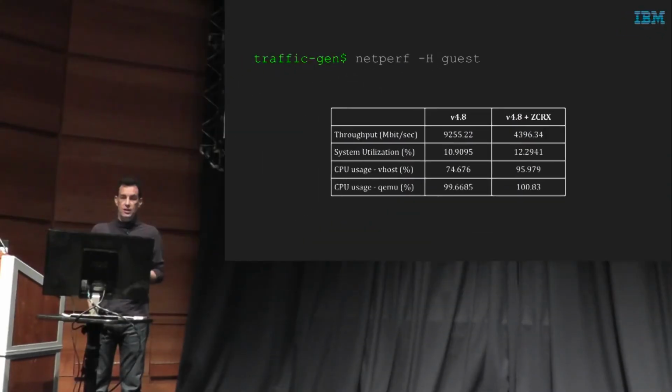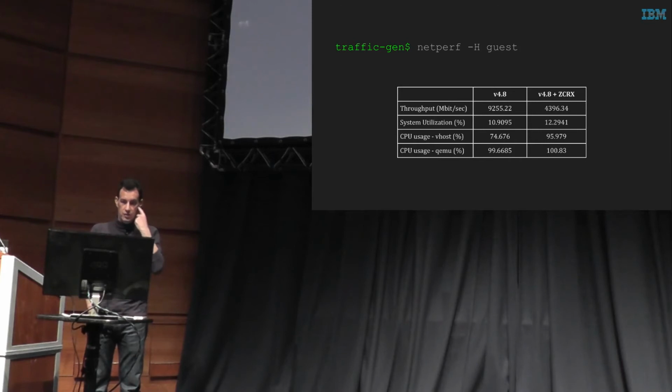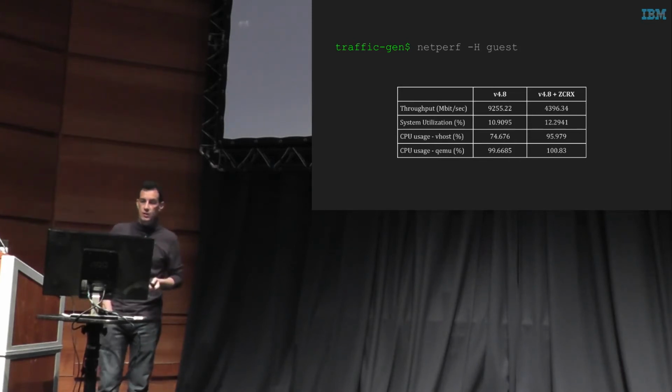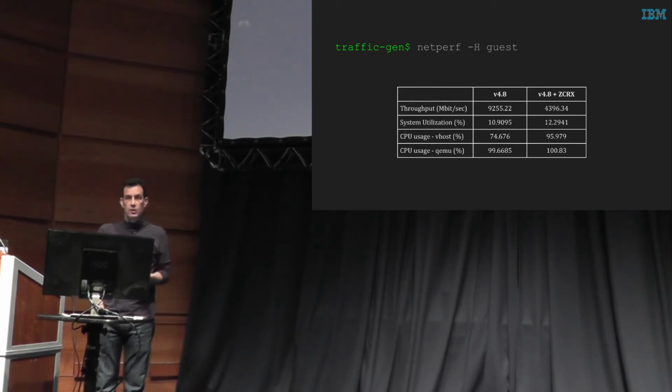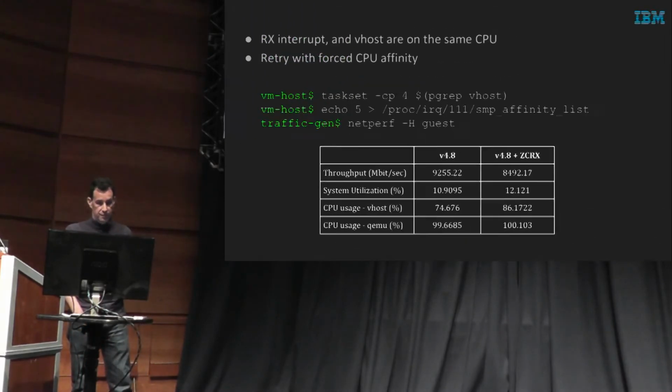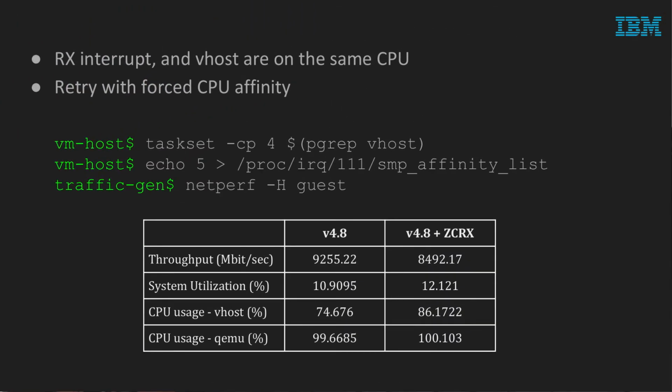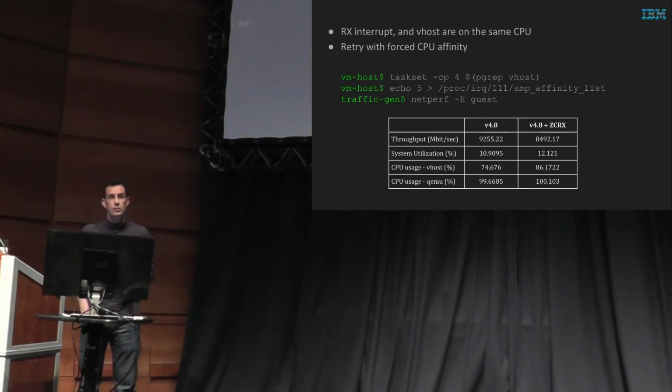So we started to investigate where the CPU time is spent and when we can process data at least as fast as the baseline. The first thing we tried was to create some CPU affinity between vhost and the interrupts of the device.